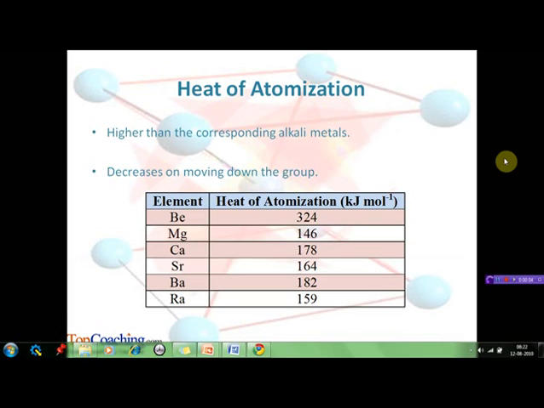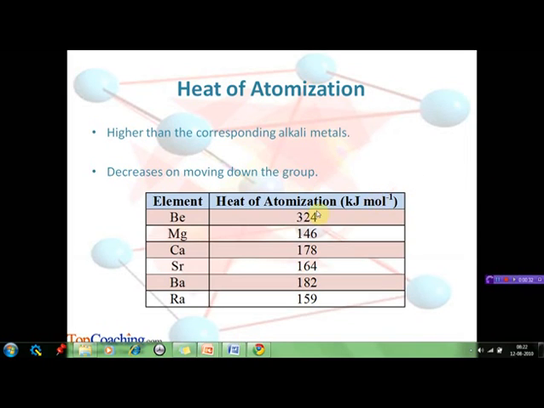Next physical property is heat of atomization. It is the change in enthalpy which occurs when 1 mole of a substance at 298 Kelvin and 1 atmospheric pressure is converted into its free atoms. Now, their value of heat of atomization is higher than the corresponding alkali metals because of the closer packing in their crystal lattice and stronger metallic bonds.